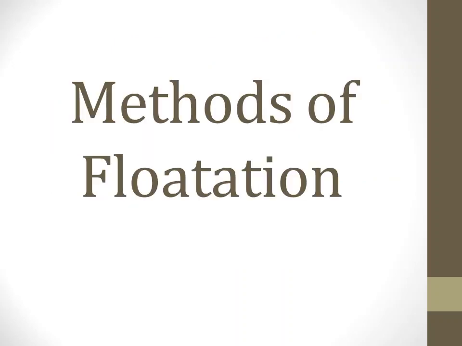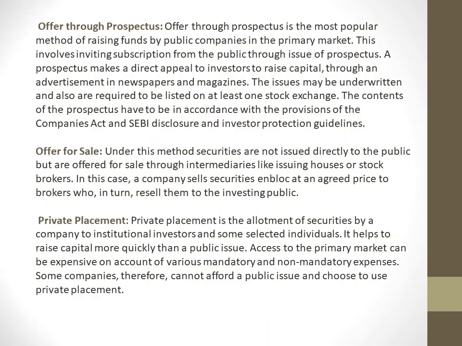Let us study the various methods of flotation in the primary market. The first one is offer through prospectus. If you recall your class 11th, there you studied the formation of a company. A public company has to pass through three stages, where the third stage was capital subscription.